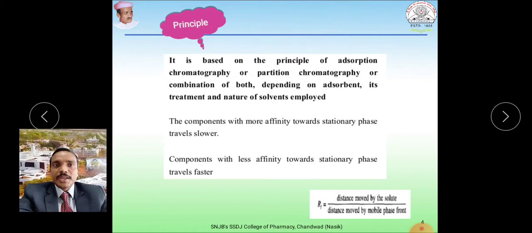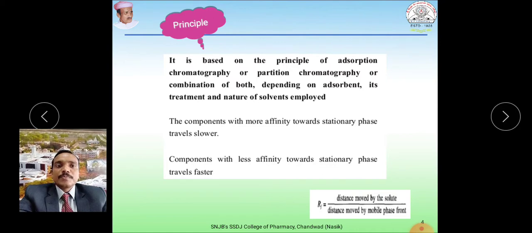If you see the principle, it is based on adsorption chromatography and partition chromatography, or a combination of both, depending on the adsorbent, its treatment and the nature of the solvent which is employed in the analysis. The components with more affinity toward the stationary phase travel slowly, while the components which have less affinity toward the stationary phase travel faster.